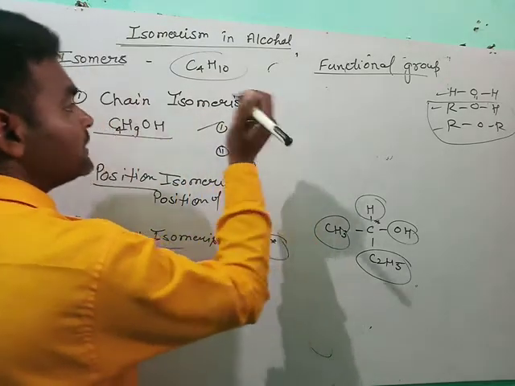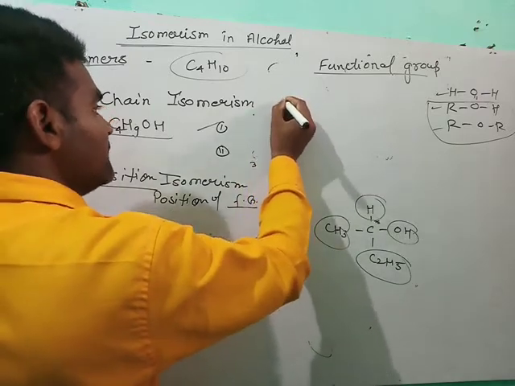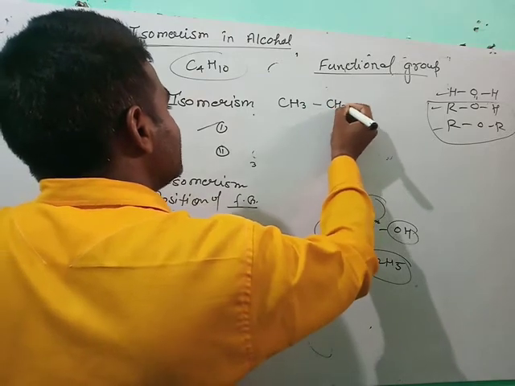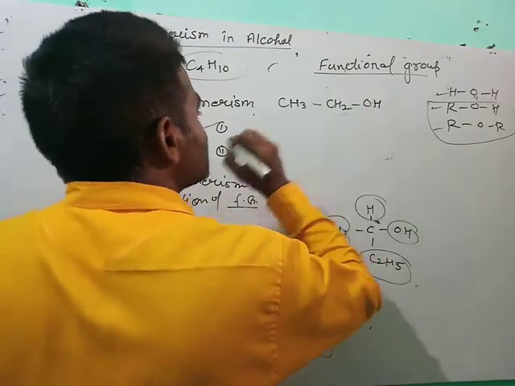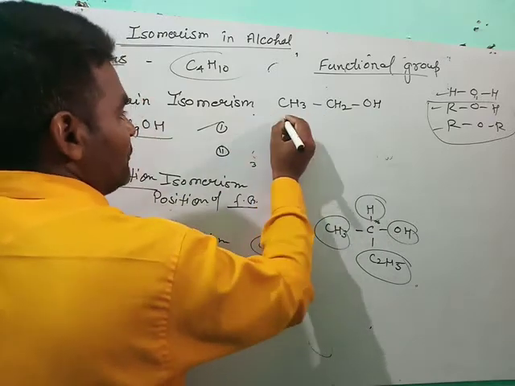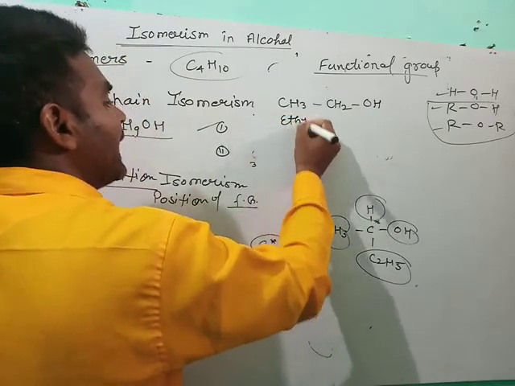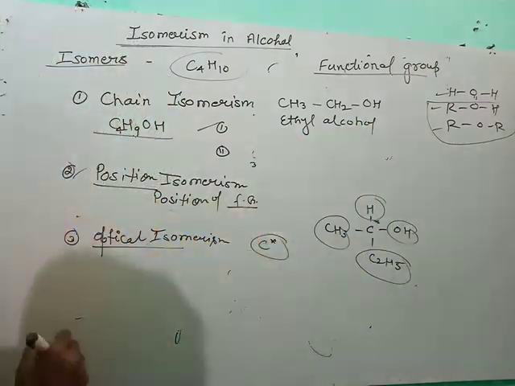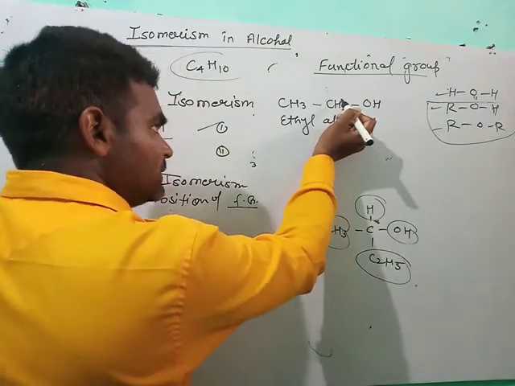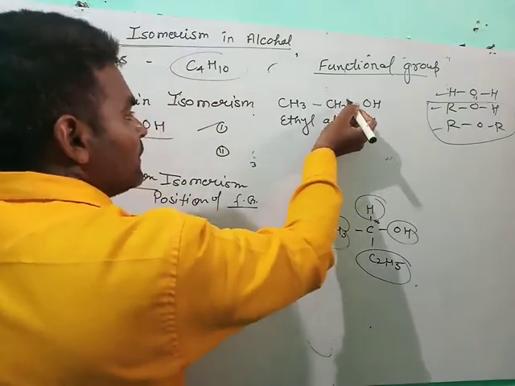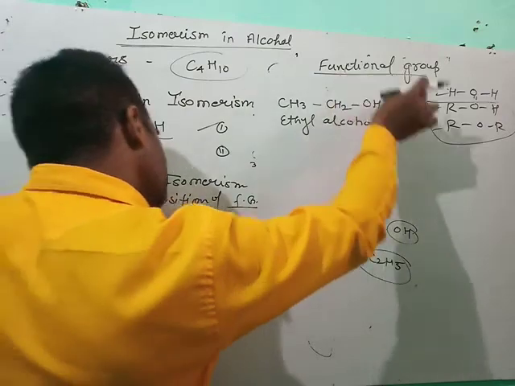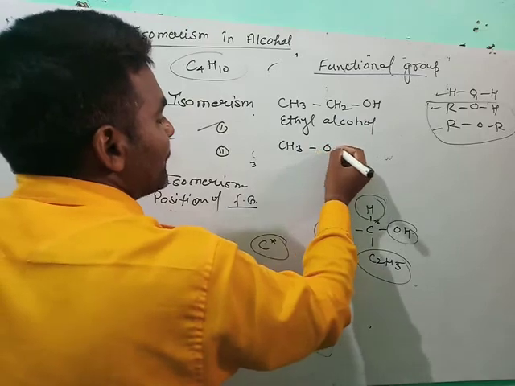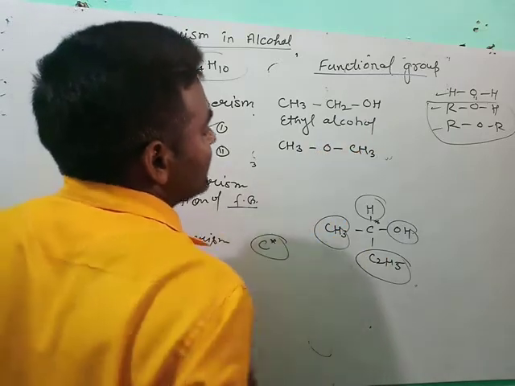Like this, we have CH3, CH2, and OH. This is the simple compound ethyl alcohol. And if we move this CH3 from this side, the back side, it becomes CH3O and CH3.